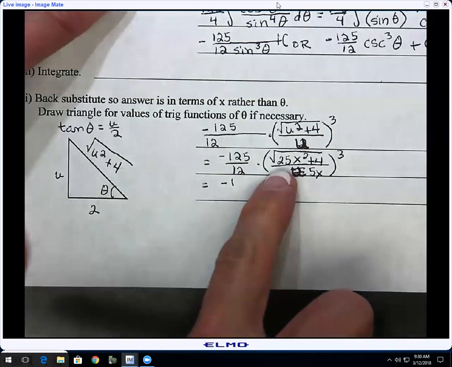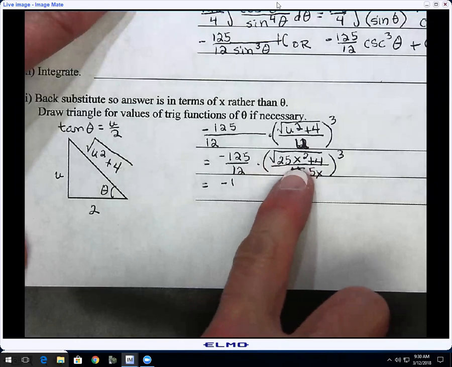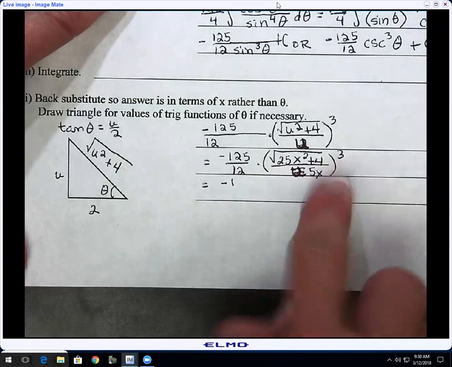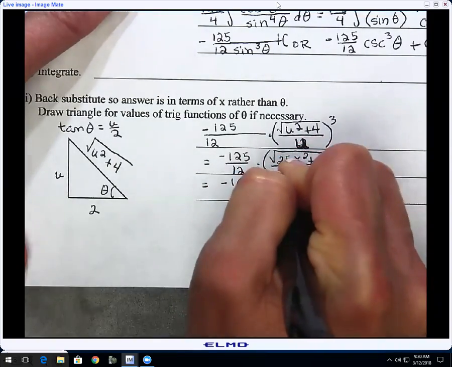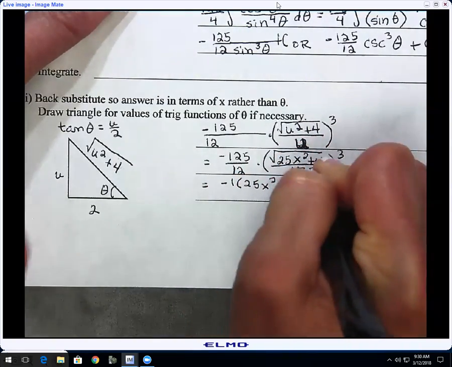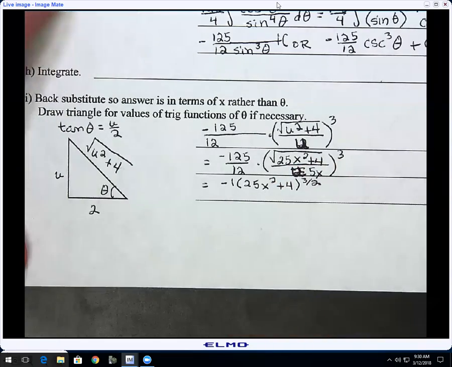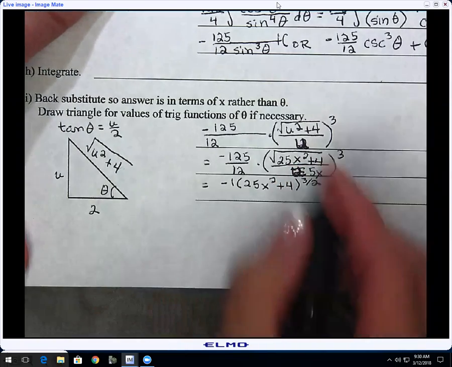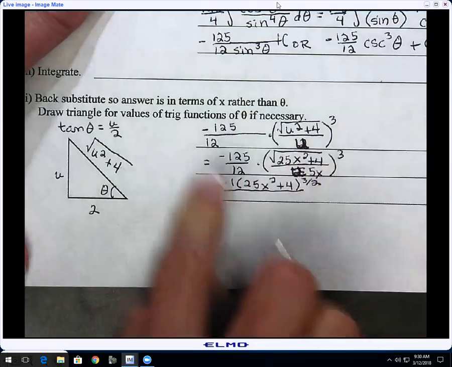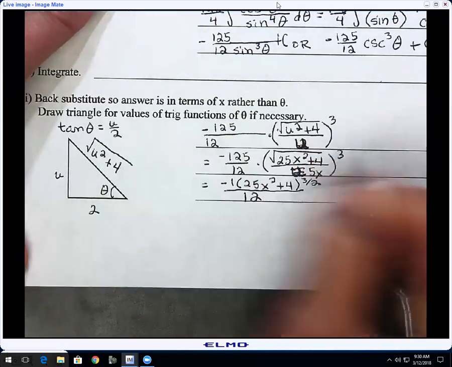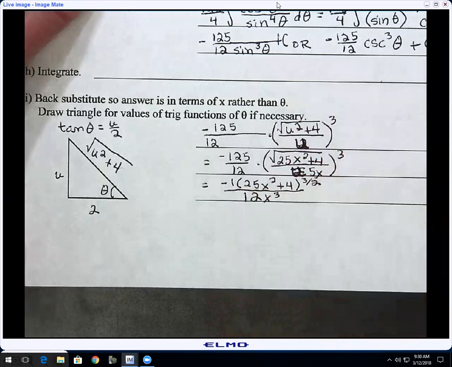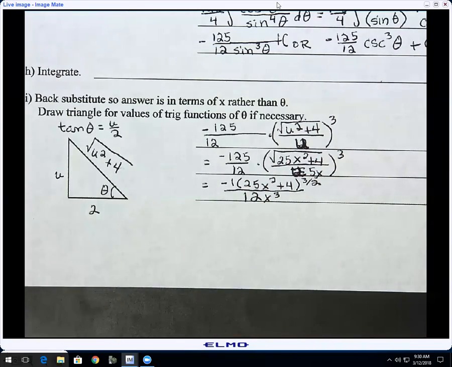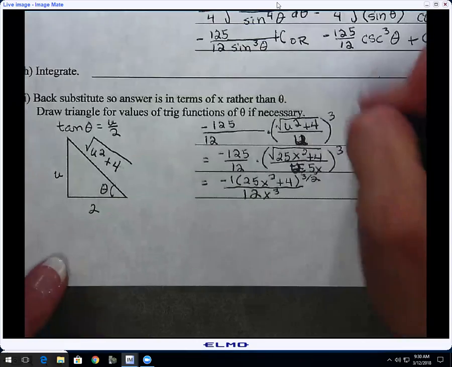And then I could write square root of 25x squared plus 4 to the third as what? 25x squared plus 4. And what would be left in the denominator? Yep, that 125 and this x cubed. Plus a constant.